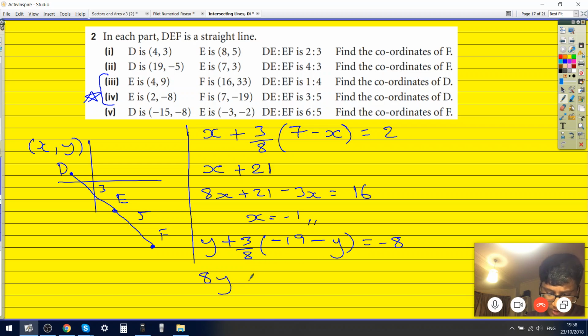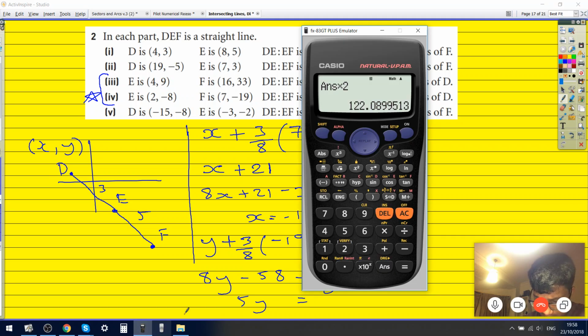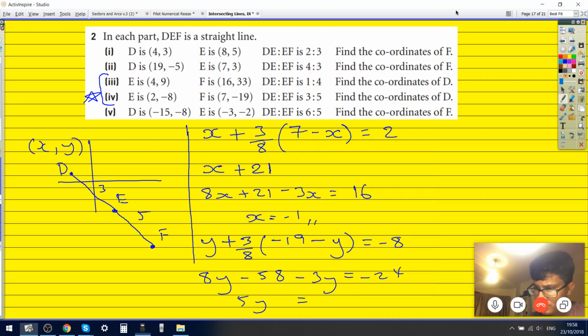So 8Y plus 3 lots of minus 19 minus 3Y is minus 57.